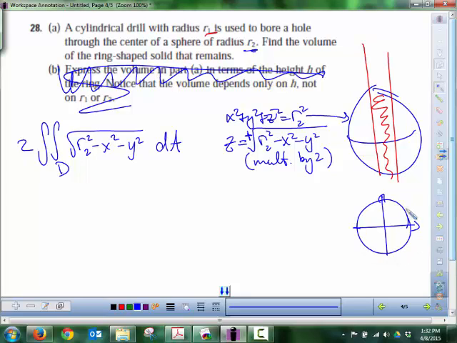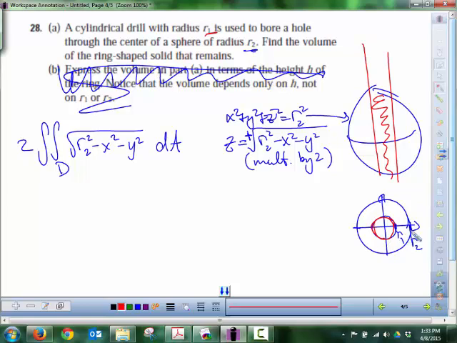I have the shadow of the sphere, at least, is this one big circle, radius R2, and then the drill has radius R1. And so there's going to be a space there.